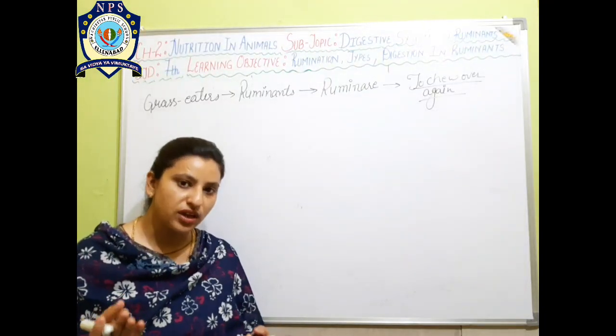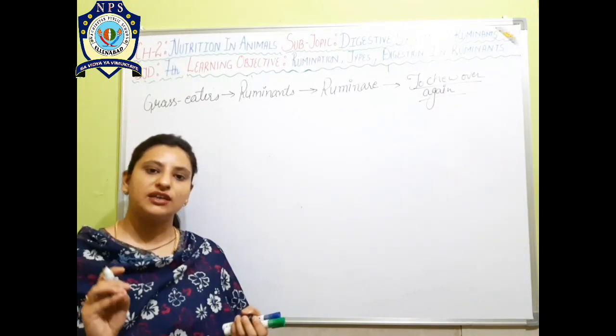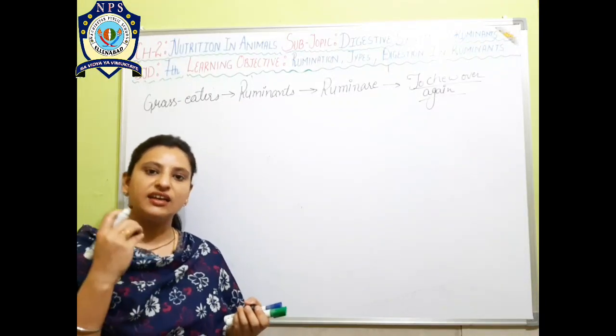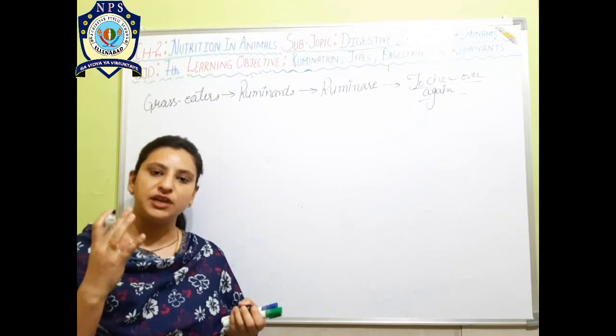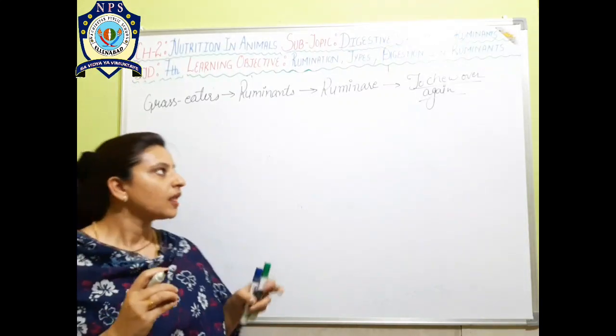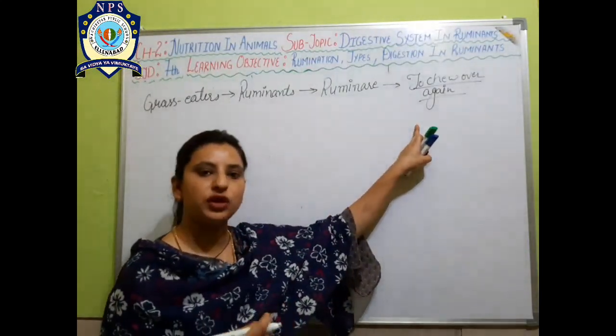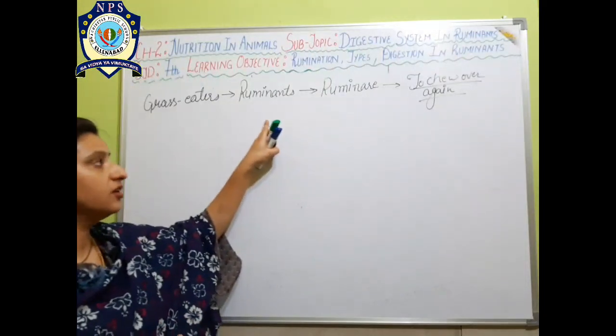Are they chewing gum? No, they do not have any chewing gum in their mouth, but they are just masticating and keep on chewing the big chunks of the food and converting them into a simple form. So those animals which chew again and again are called ruminants.